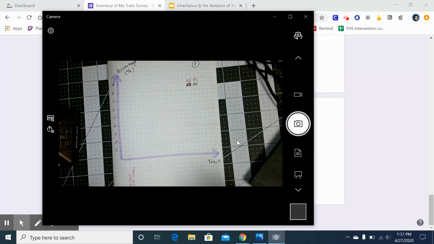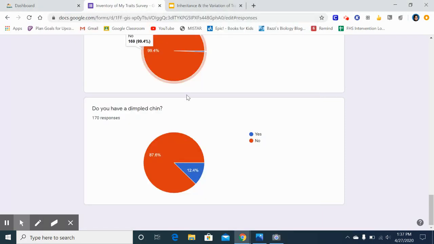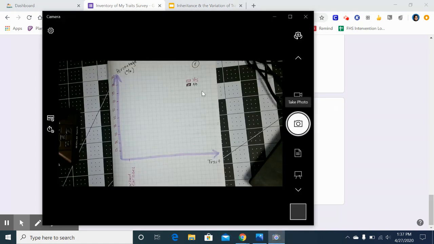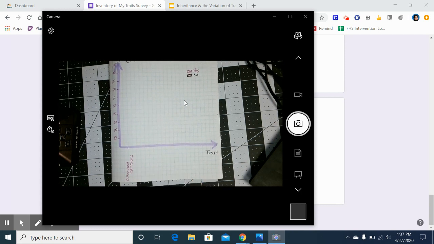I also noticed in the pie charts that most of the answers were either in a yes or no format. And so in order to make things easier for myself, I created a key where pink is yes and black is no. And so my first trait that we're studying is attached earlobes.